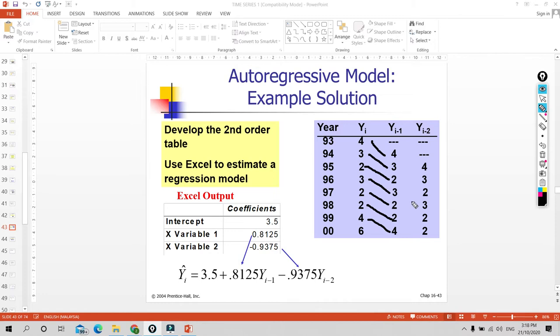For the second order you refer to this part: here is 4, this 3, here is 2, this part is 3, here is 2, and 2 here.